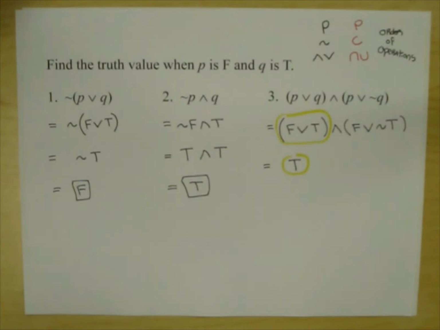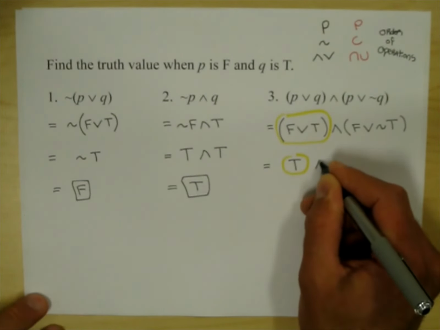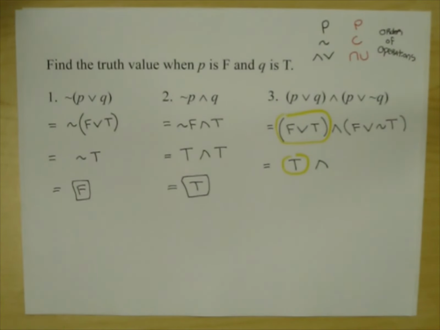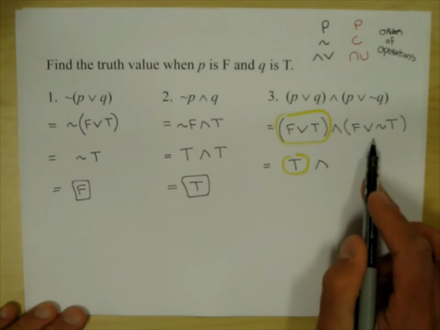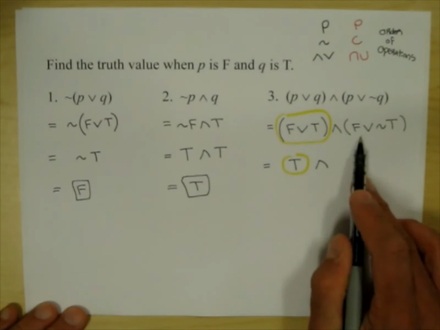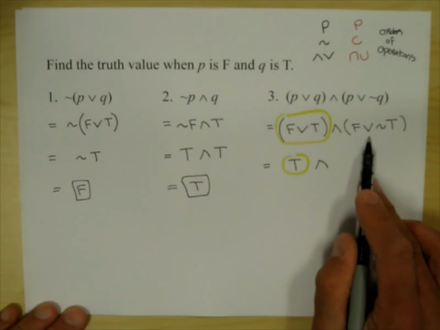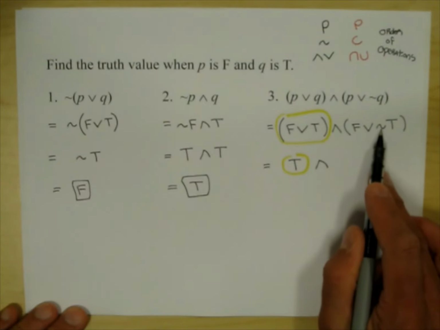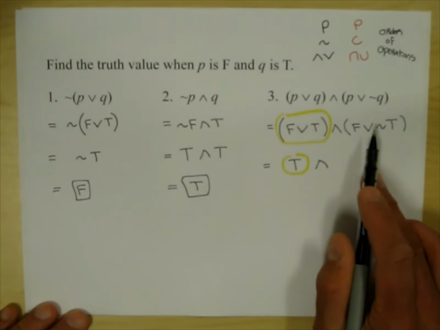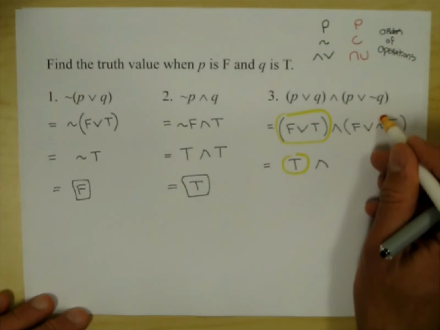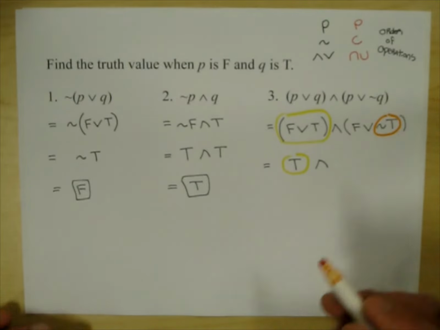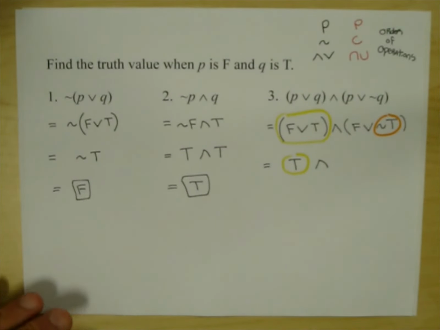We have the and here. I'm doing inside these parentheses, and the first thing I do within the parentheses, okay, so if this was just its own little problem, the not is stronger than the or. So I'm going to replace the not true with a false.